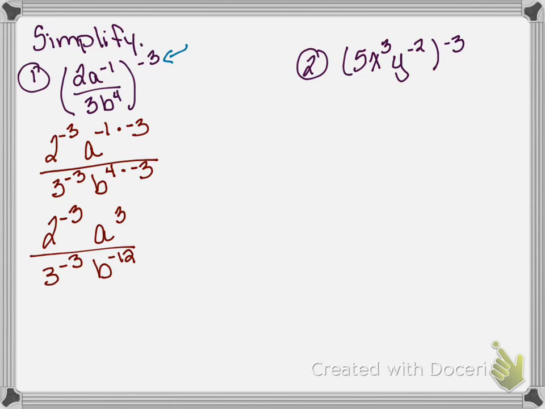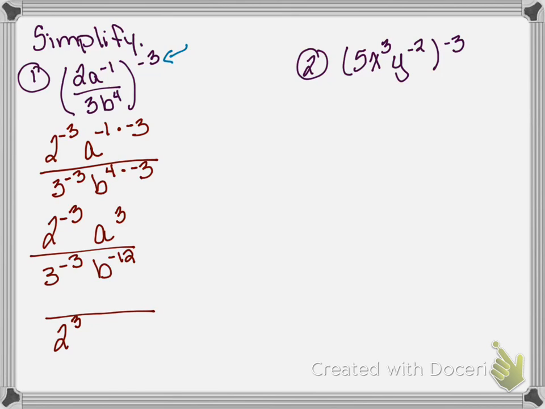Okay, so now let's start moving things around. 2 to the -3 goes to the denominator, and that's going to be 2 to the 3rd power in the denominator. The negative exponent moves the expression to the denominator, and then your exponent becomes positive.